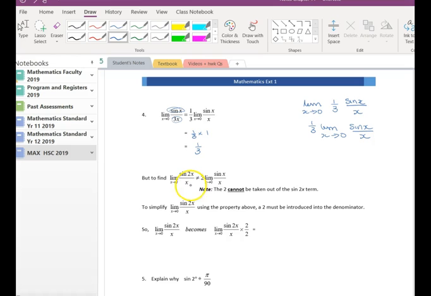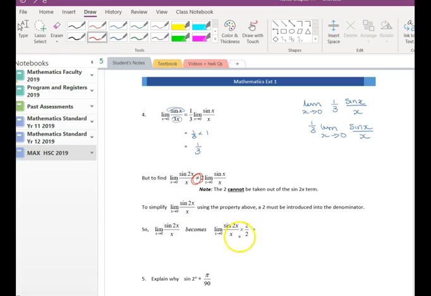It's saying here the limit as x approaches 0 of sine 2x on x. We cannot, that's a cannot, is not equal to 2. We cannot take the 2 out of that position. So with that in mind, we have to think about how we could get a 2 into the denominator.